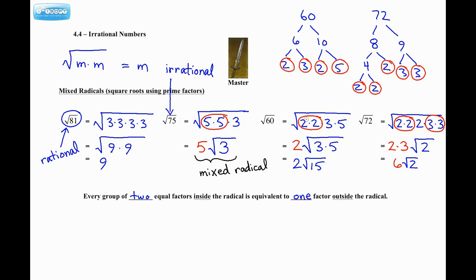So if I have 2 factors of 2 inside the radical, it becomes 1 factor of 2 outside. Just like here, I had 2 factors of 2 and 2 factors of 3, so it became 1 factor of 2 and 1 factor of 3 outside the radical. That's just to summarize what I've been doing.